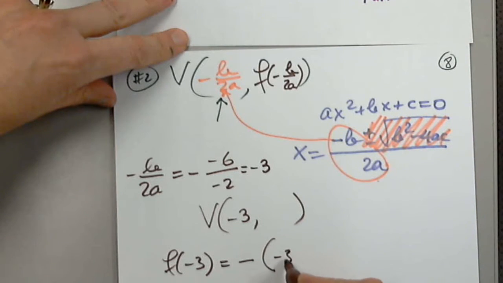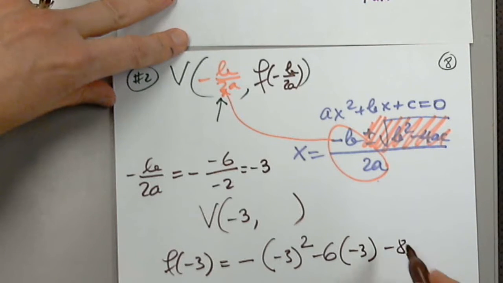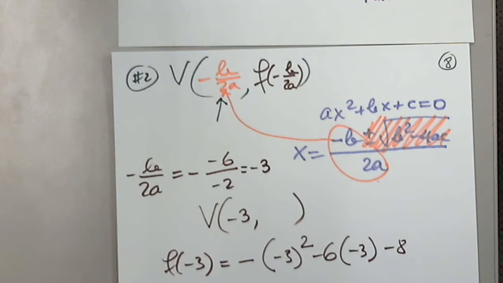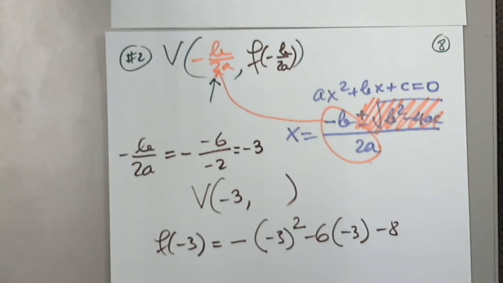Negative in parentheses, -3 squared, minus 6 in parentheses, -3, and -8. All I did was replace x by -3. Is this okay? Okay, so where do I start? -3 squared is 9, times -1, -9.